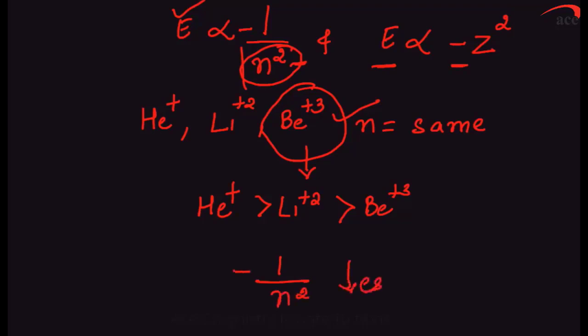But this is with negative sign. So smaller value with the negative sign ultimately means the entire value is increasing. Okay? But if I say atomic number is increasing, energy will decrease. I hope this is very, very clear. Okay?